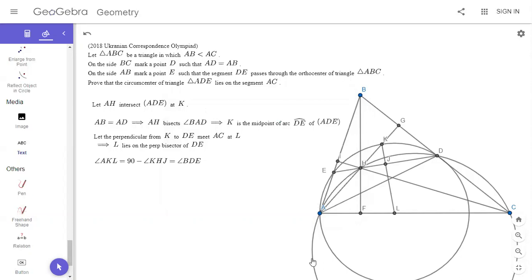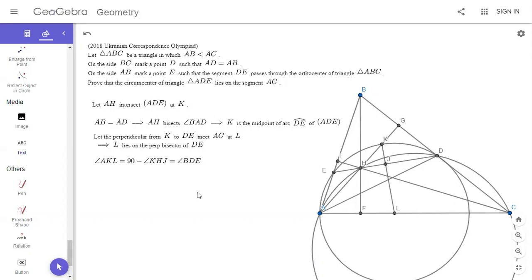Let's see. And then BDE is equal to HBD because the figure is symmetric about AH. BDE is equal to HBC by symmetry.